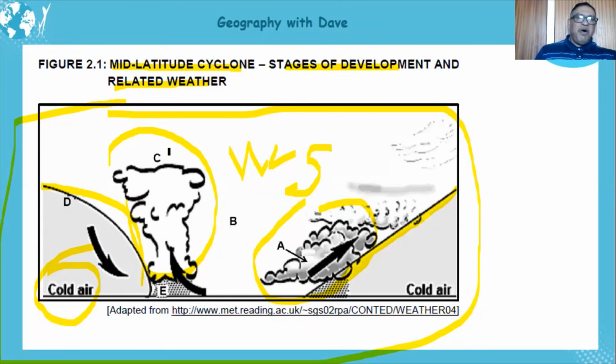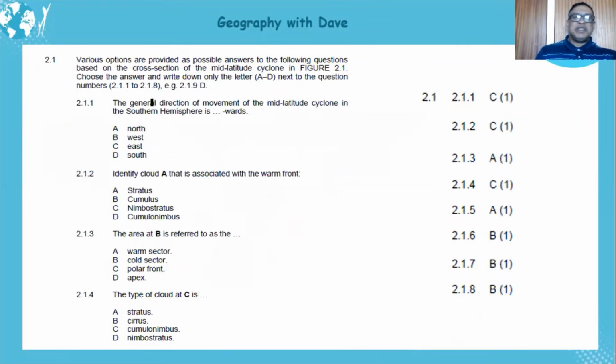Right, let's go on. Look at this now. Various options. This is a multiple choice question, learners. Various options are provided as possible answers for the following questions based on the cross section. Can you see? It's a cross section. Okay. Choose the answers and write down only the letter next to the number of the question. Can you see it? Okay. Now, obviously, let's look at it.